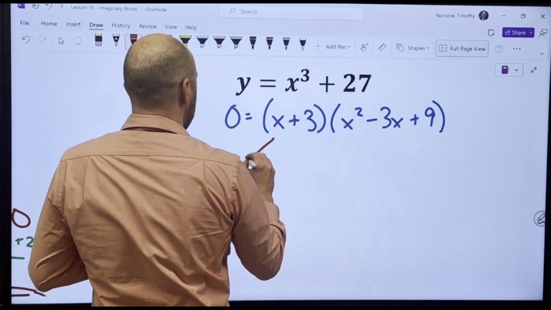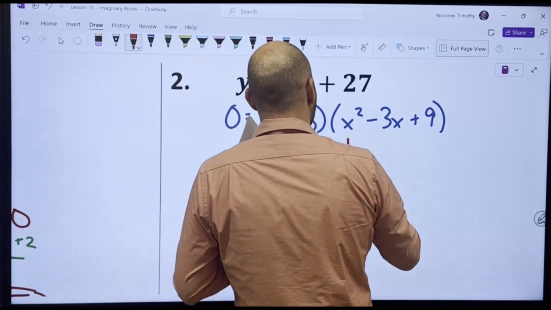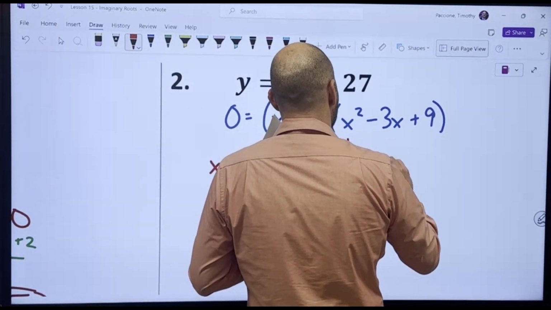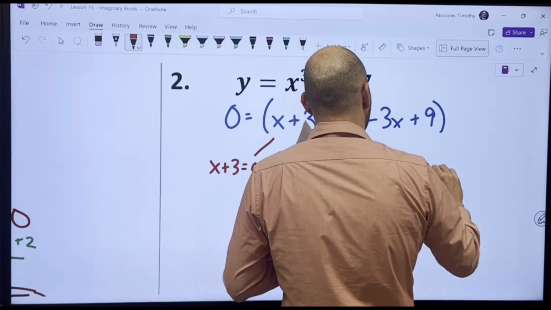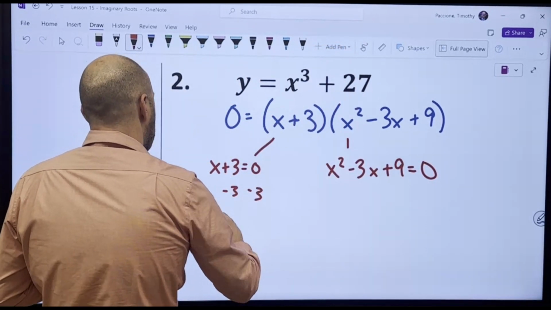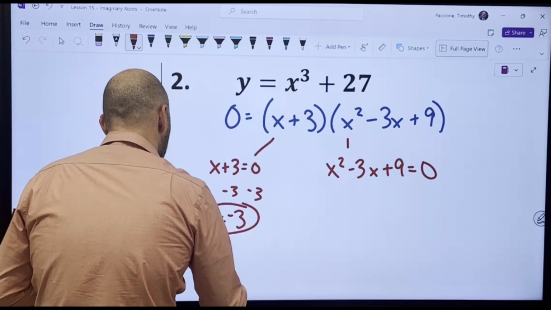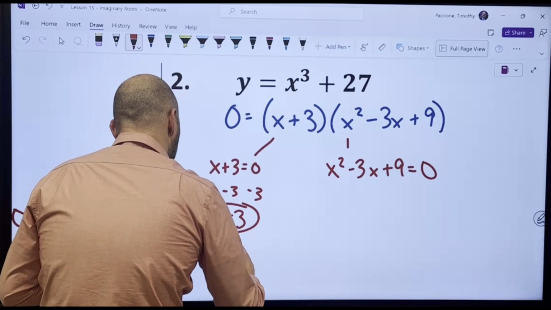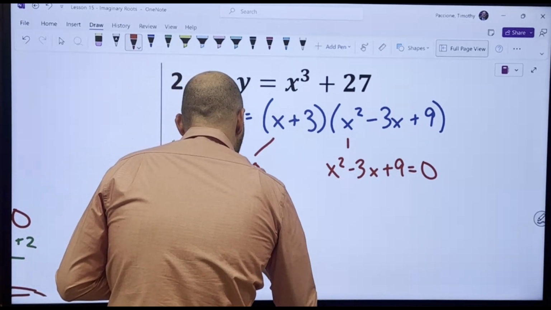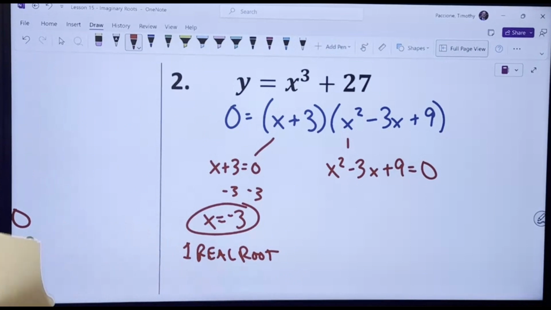So I say, okay, x plus 3 equals 0, and x squared minus 3x plus 9 equals 0. This one will be easy, just minus 3, x equals -3. That is one real root. And then in this case, I'm going to have to use the quadratic formula to find my x.